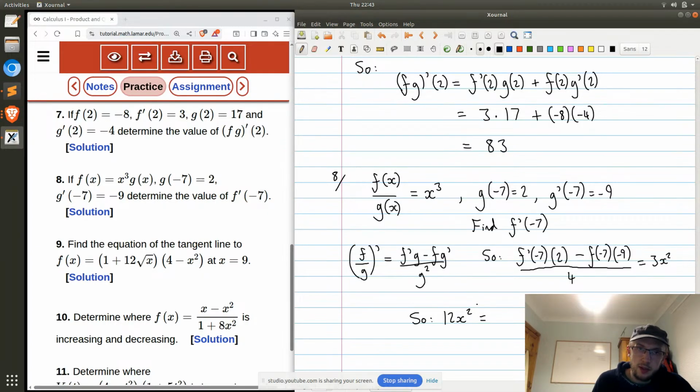And -7 squared is 49, and 49 times 12 is 490 plus 98, which is 588.